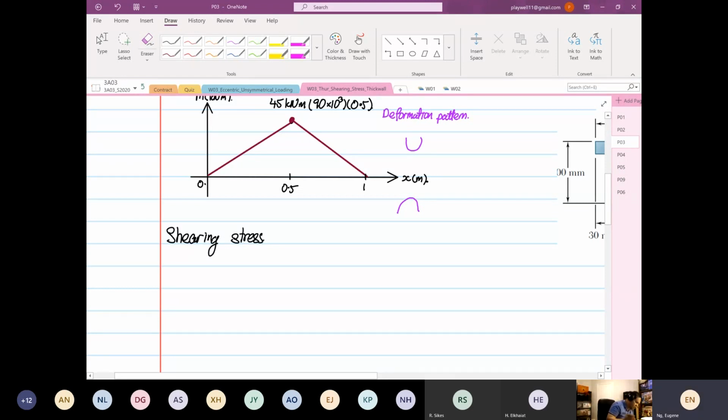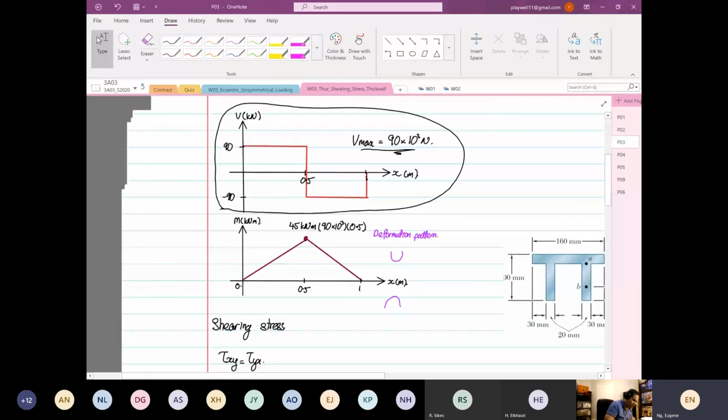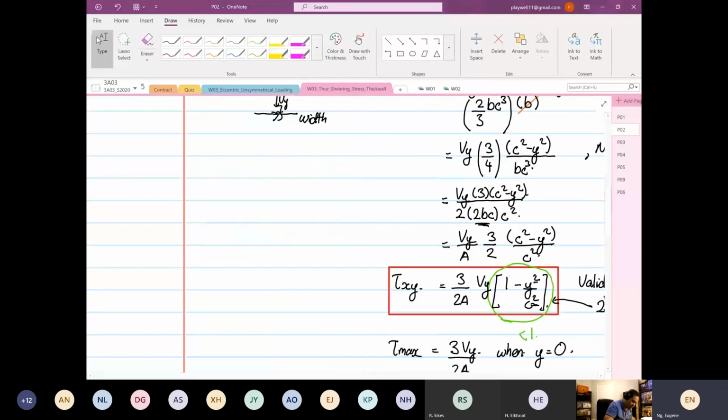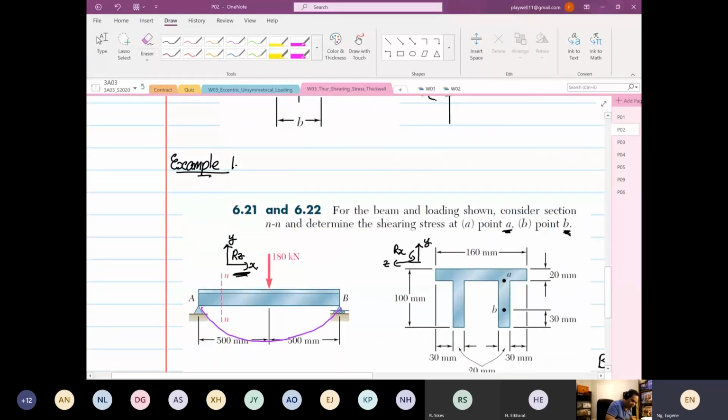Our shearing stress equation is shear xy is equal to shear yx. We're still calculating shear xy and shear yx, yes or no? Because of the transformation that we have drawn, we're interested in the shear of this entire surface.